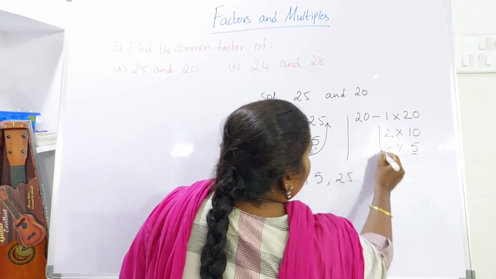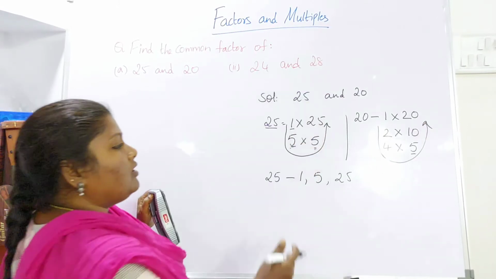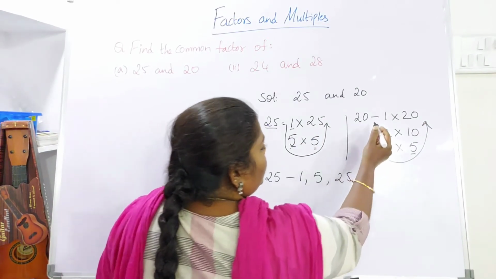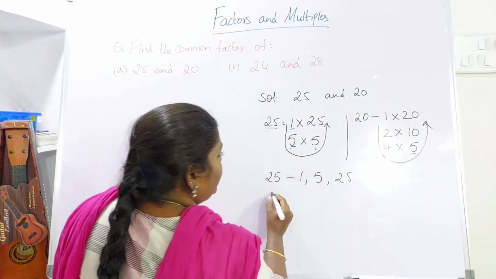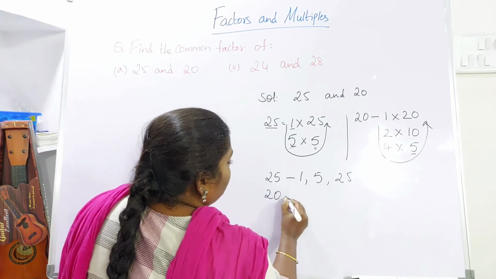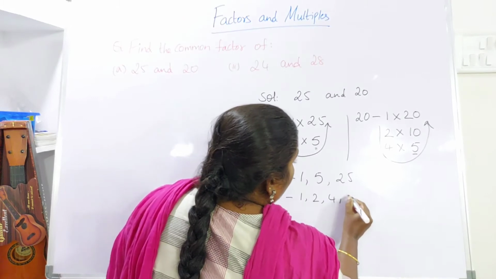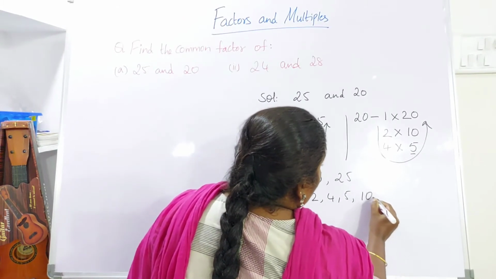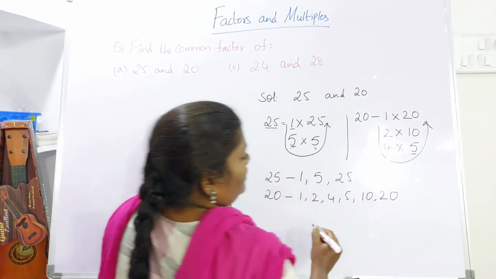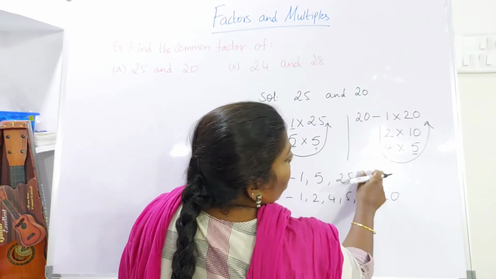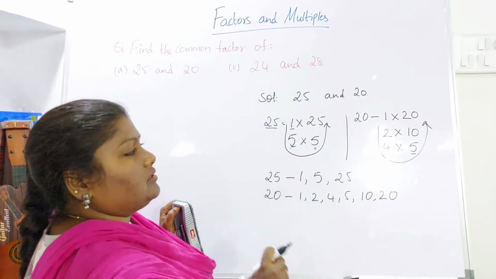In the same way, whenever you write factors, you have to write in ascending order. That is 1, 2, 4, 5, 10, 20. So in this way, if you write, you are not going to miss any factor.